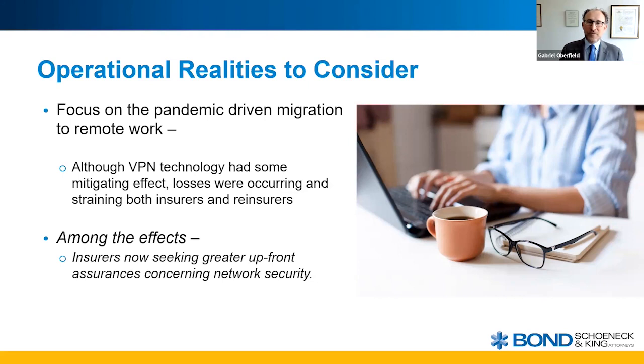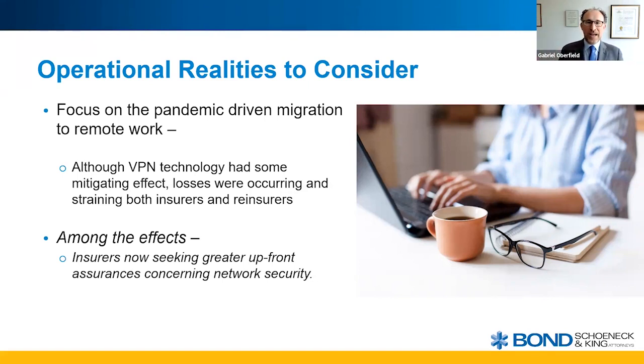It's not enough that VPN technology improved tremendously and found its way out into the world, including among your institutions. Insurers are still a bit skittish, as it were, as a general characterization of the market.